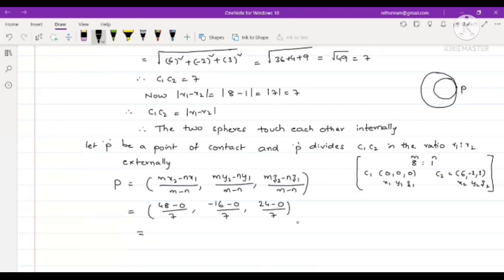Finally we get 48 by 7, comma, minus 16 by 7, comma, 24 by 7. This is the point of contact when two spheres touch each other internally.